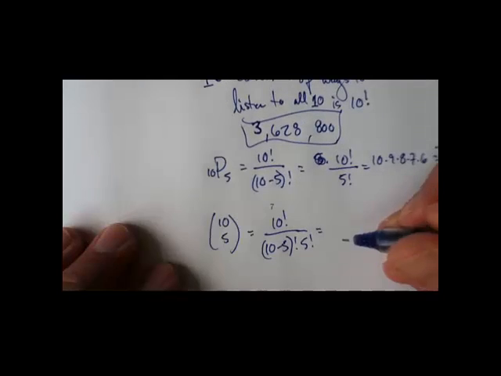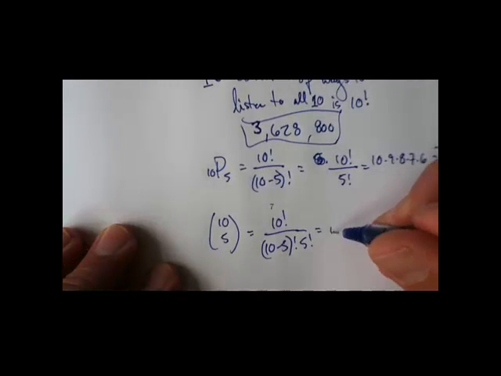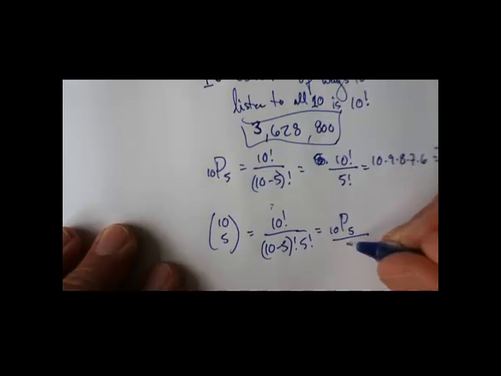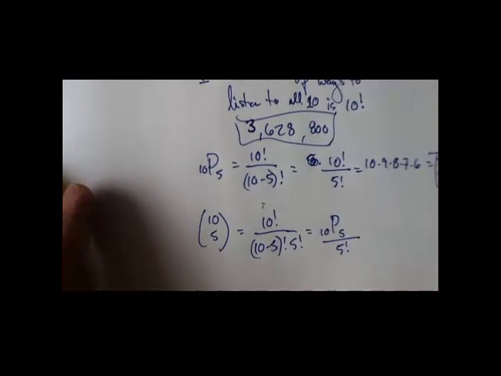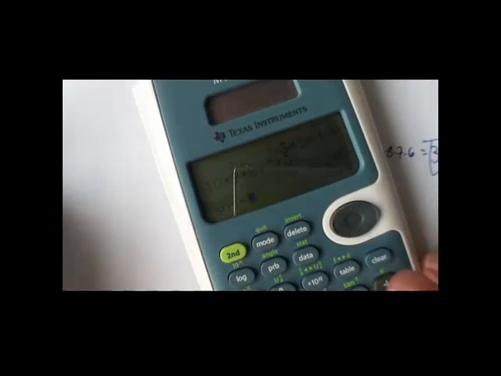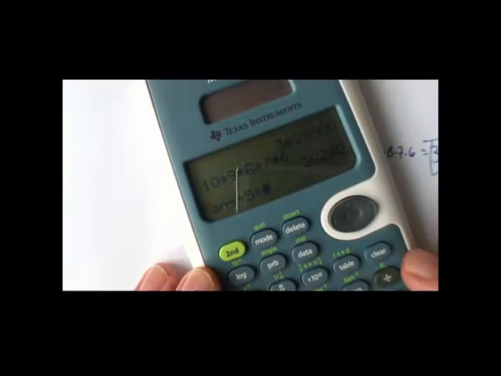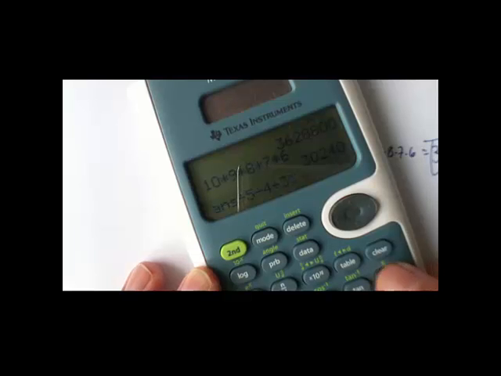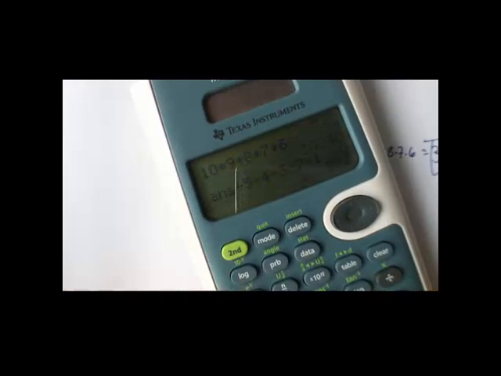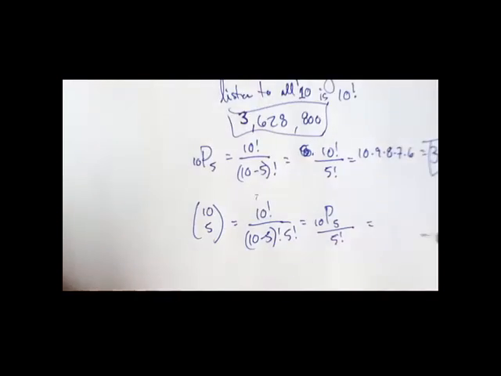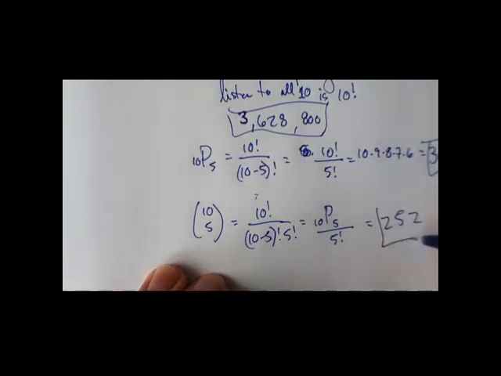It's just the same thing as 10 permutate 5 divided by 5 factorial, isn't it? So you can see that these formulas are all related. So it's just the previous answer divided by 5, then divided by 4, then divided by 3, divided by 2, divided by 1. That's 252. It's much less.